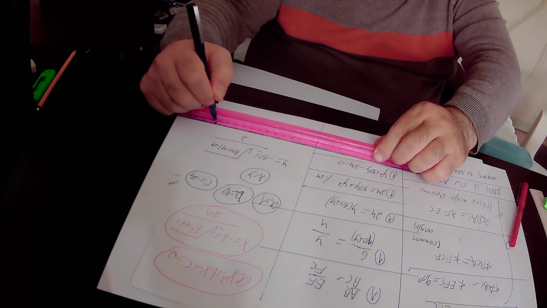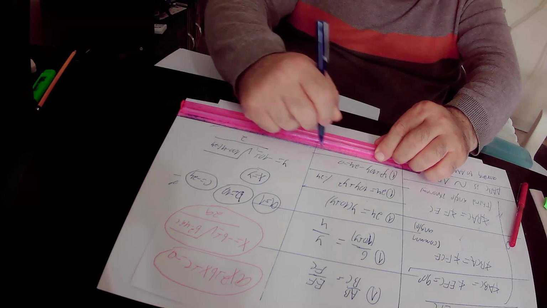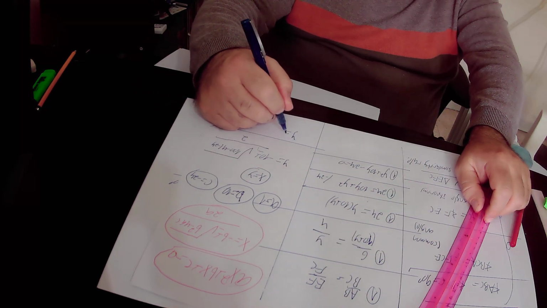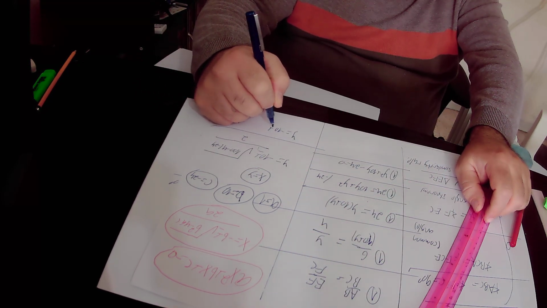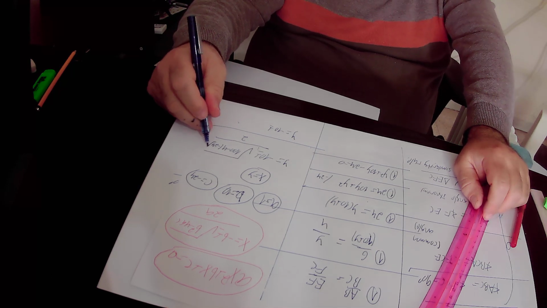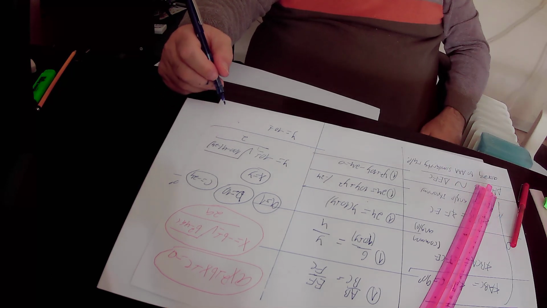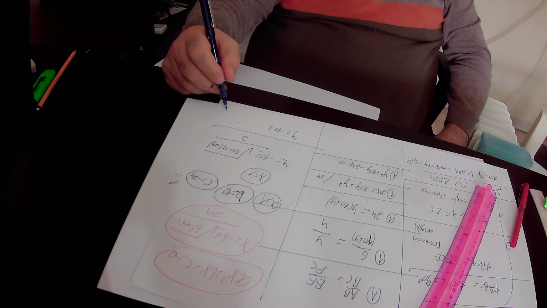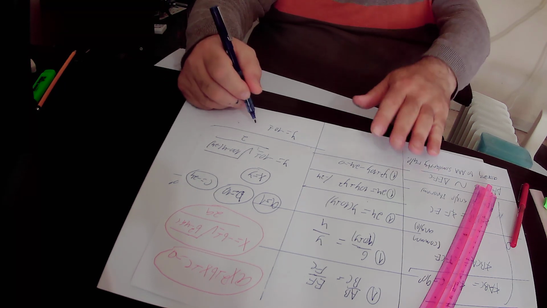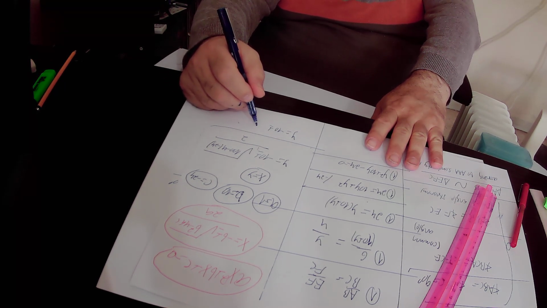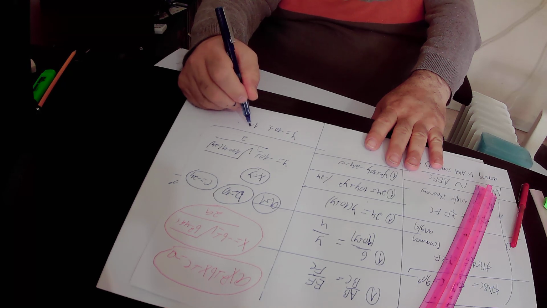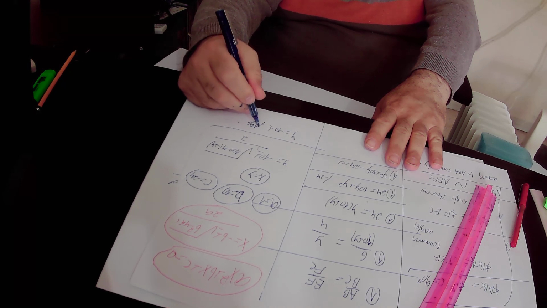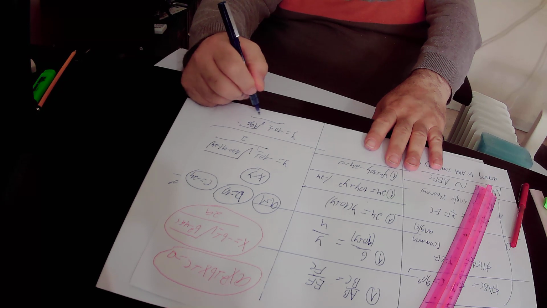So here we get that y equals minus 10 plus or minus the square root of, 4 times minus 24 is minus 96, so minus minus 96 is plus 96, and 96 plus 100 is 196, over 2.